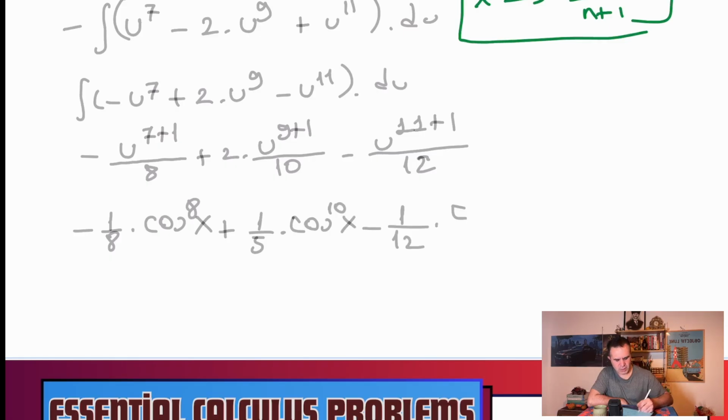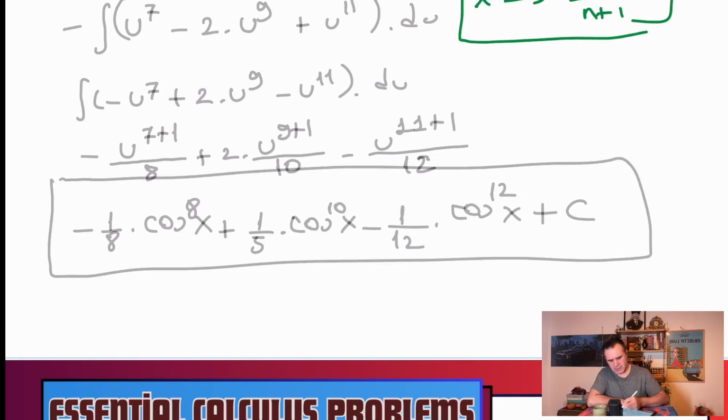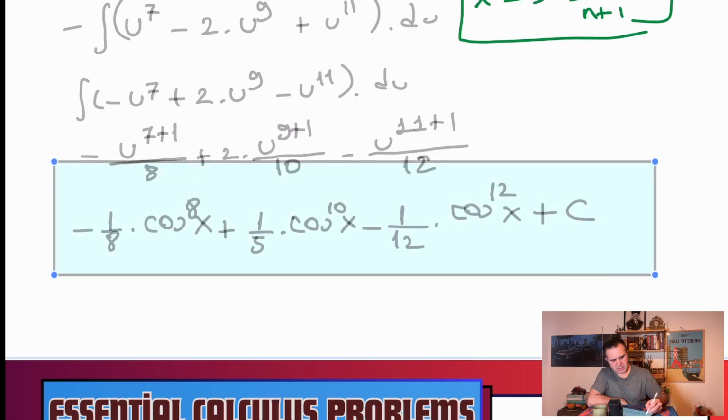This means cosine to the power of 12x, and we add a constant c here, since the integral is an indefinite integral, and the answer is this.